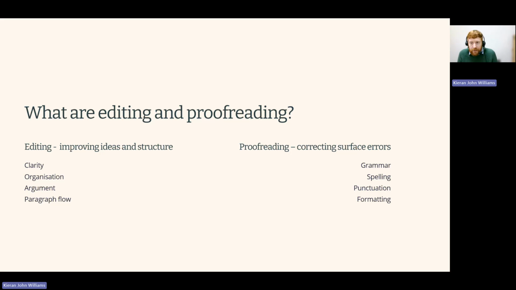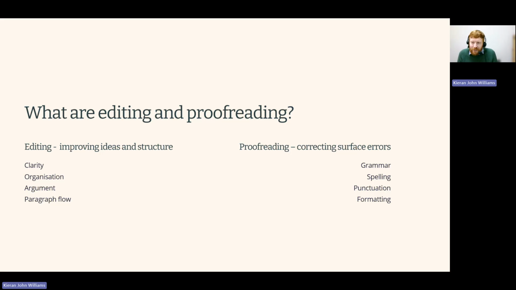Whereas proofreading, on the other hand, focuses on those surface level errors. These are things like grammar, spelling, punctuation, formatting, etc. So proofreading happens after editing. You finished your work. First of all, you're editing to make sure that the ideas all run smoothly, etc. Then proofreading is that last thing that you're going to look at, the spelling, the grammatical changes, just before you submit.